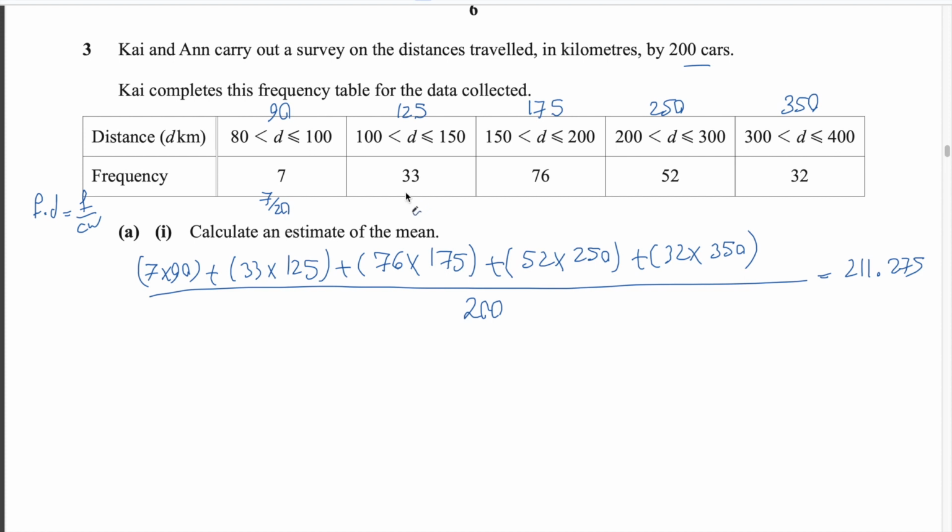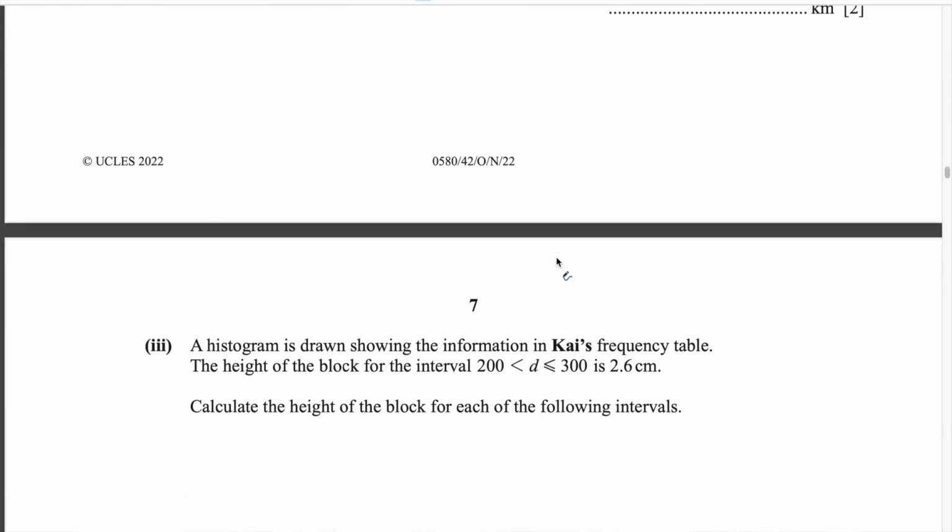And the next one will become 33 over the difference between 150 and 100, which is 50. Then the next one will be 76 over again 50. Here it will become 52 over 100, and here 32 over 100. So these are the frequency densities.